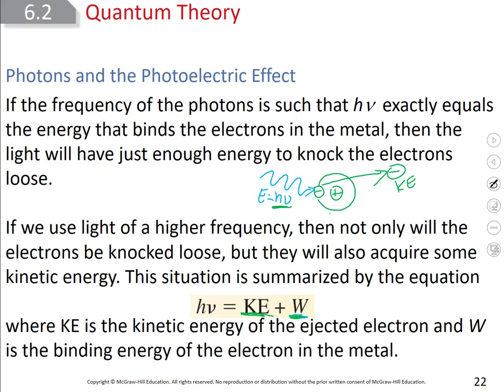So that's the new equation here. h nu, which is the energy of the wavelength that hit the metal, is equal to the sum of the kinetic energy of the electron that went flying away, plus the binding energy, the energy that stayed with the atom that it absorbed in exchange for releasing its electrons. This is equation 6.3 on page 239 if you're following along in the book.